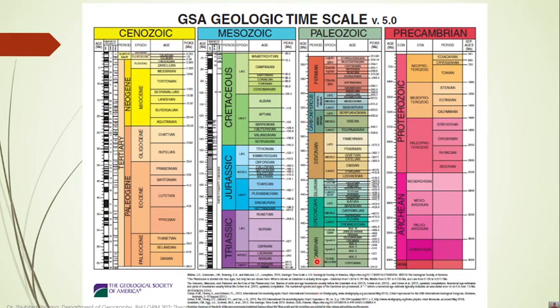Paleozoic era, where we have several periods like Cambrian, Ordovician, Silurian, Devonian, Carboniferous, Permian. And further, then we have the Mesozoic. Broad divisions are Triassic, Jurassic, Cretaceous, and the recent most is the Cenozoic here.